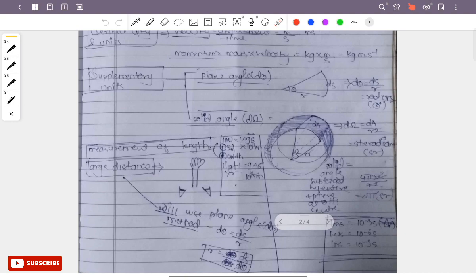But if we want to measure the bigger length, like from the sun to earth, how can we measure it? There is no such big scale by which we can measure it. Okay, तो हम उस केसेस में कुछ मेथड से जिसे हम यूज़ करते हैं.